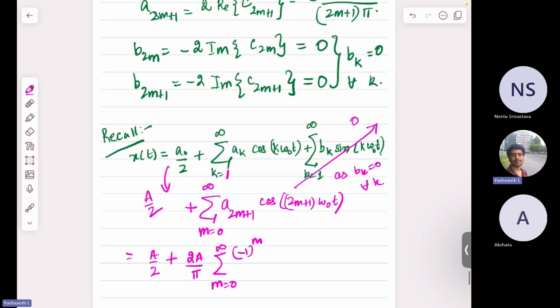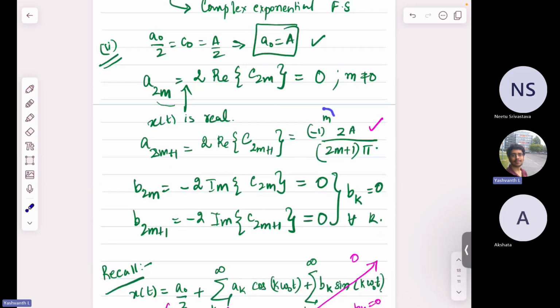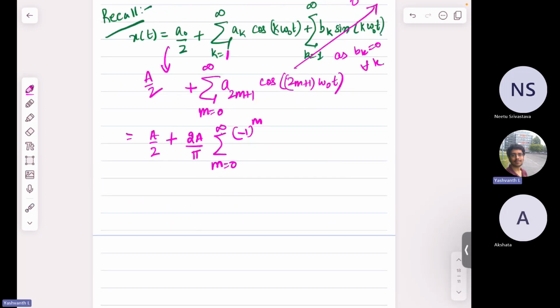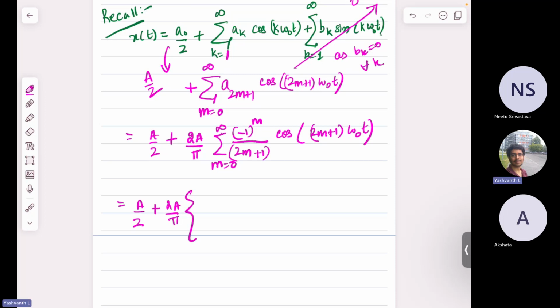For a2m plus 1, I got the expression here: minus 1 power m into 2A by (2m plus 1) into pi. You can write this as 2A by pi outside, then you have minus 1 power m by (2m plus 1) into cos (2m plus 1) omega naught t. For example, this is nothing but A by 2 plus 2A by pi into cos omega naught t minus 1 by 3 cos 3 omega naught t plus 1 by 5 cos 5 omega naught t, and it keeps on going infinitely.